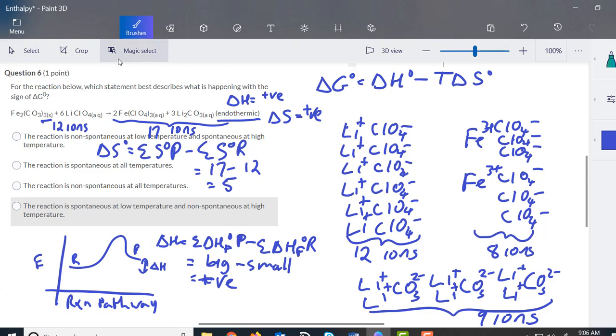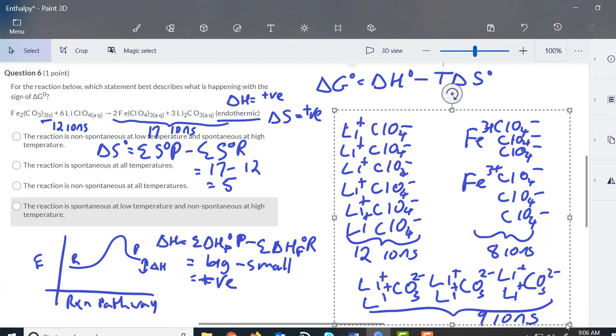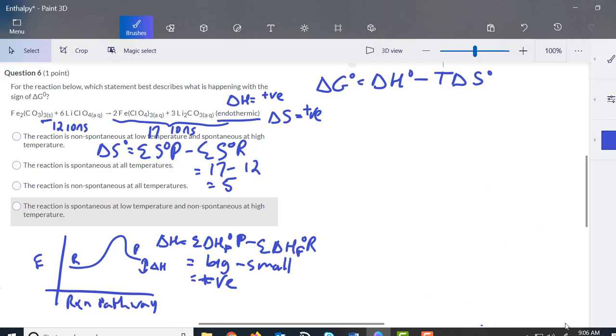Okay, so I'm going to delete this stuff that we're seeing here. And we're going to investigate what happens now with the sign. So that's going to be positive, and that's going to be minus T times a positive number.